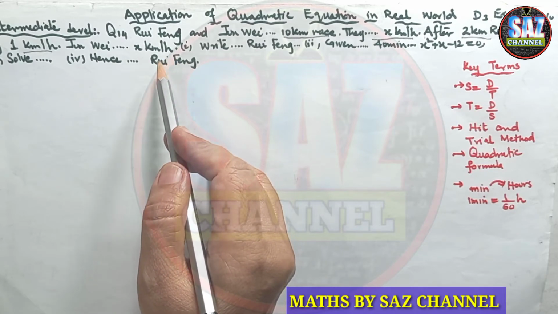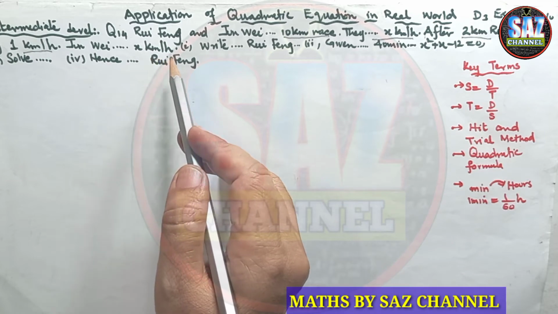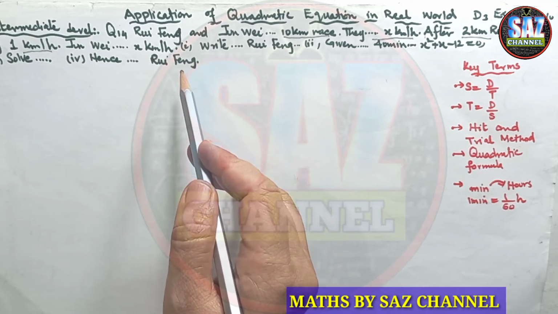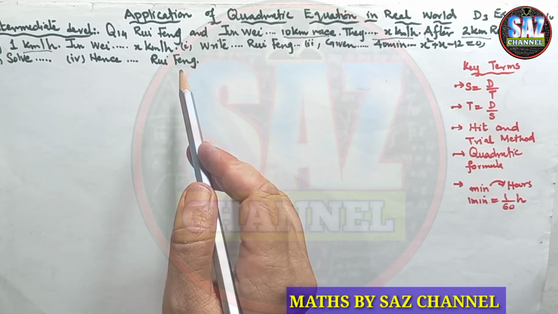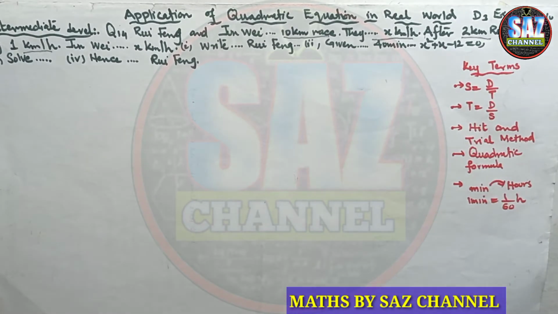And Janvi maintained his speed of x kilometer per hour throughout the race. First part of the question is write down an expression in terms of x for the time taken by Rui Feng to complete the race.